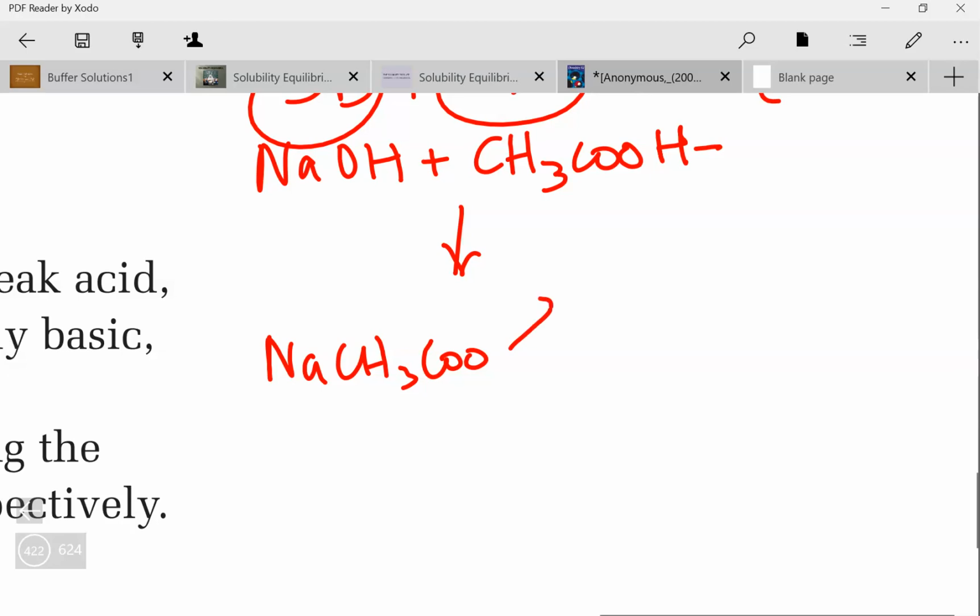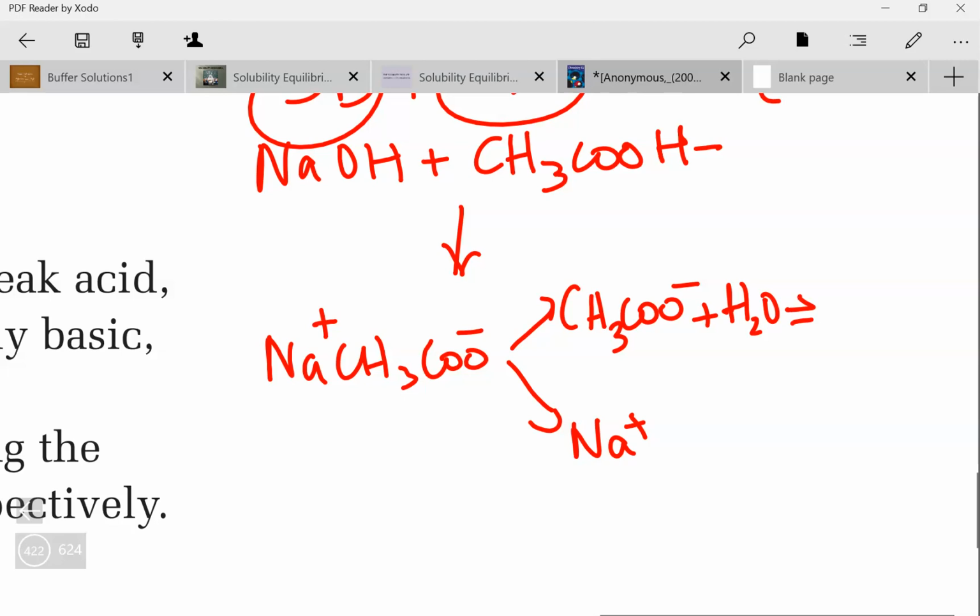And this can be proven by writing what the ions are and how they react in water. So sodium acetate is going to dissolve and split into its ions just because it's soluble, right? And the acetate ion is going to react in water to give me acetic acid plus OH minus, right? And this OH minus contributes to the basic nature.